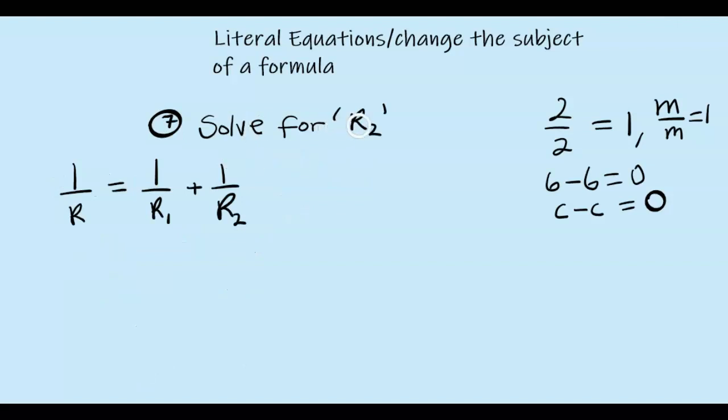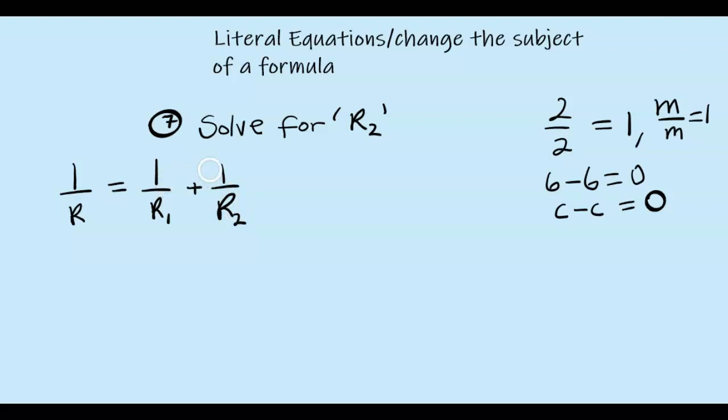Look at this last example here. We have been asked to solve for r subscript 2 from this equation, or this formula, the electricity resistance formula, something like that. So we're going to solve for the r subscript 2 here.